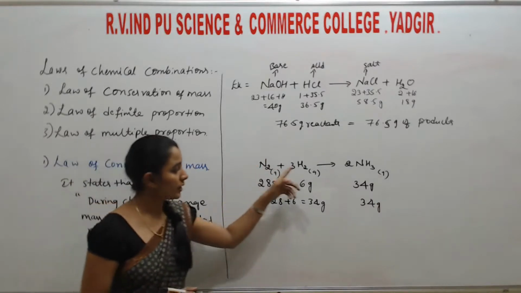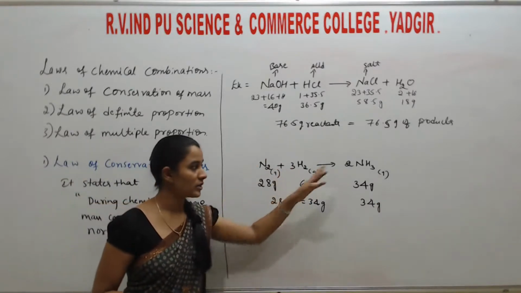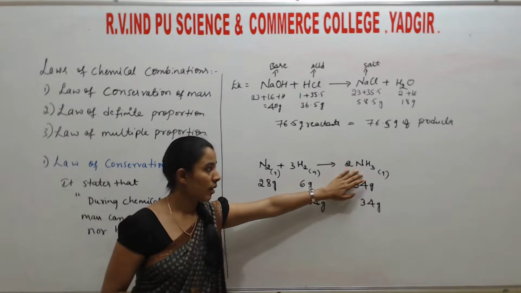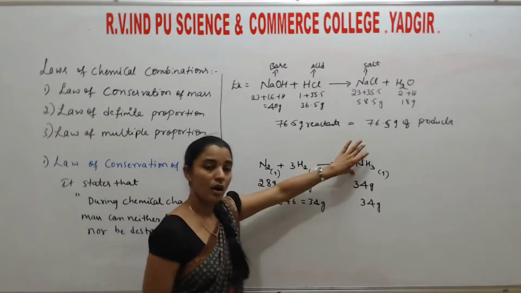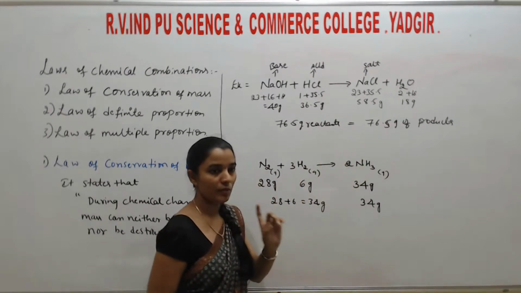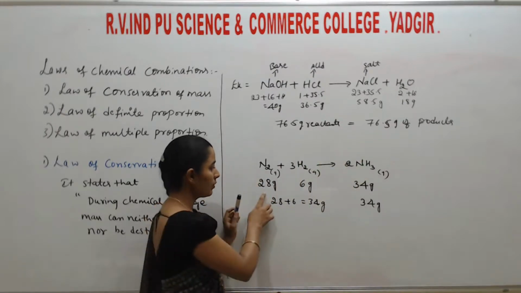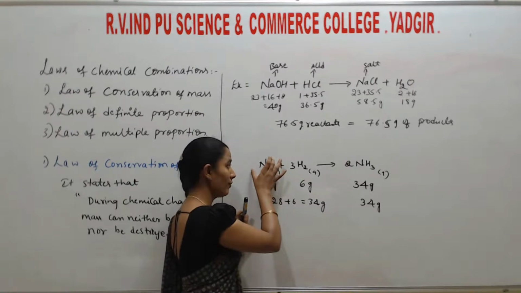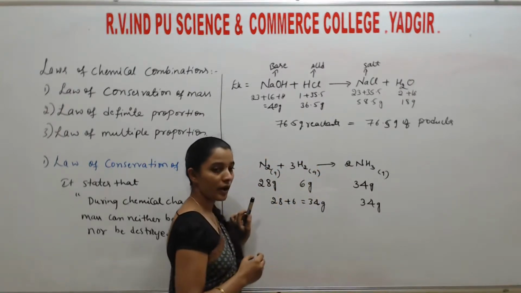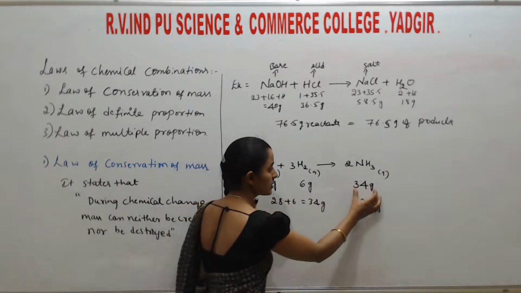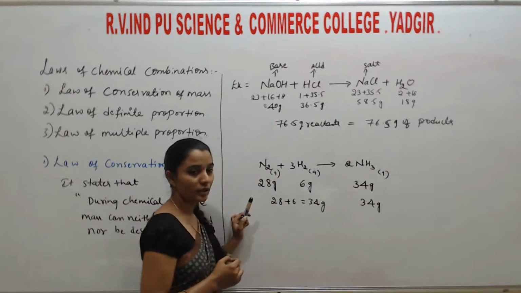So here two different gases combine with each other to form ammonia. Nitrogen's nature is different, hydrogen's nature is different, ammonia's nature is different. Of course, a chemical change takes place. But here what happens? 28 gram of nitrogen separately reacts with 6 gram of hydrogen, but they combine with each other to form a product of 34 gram.